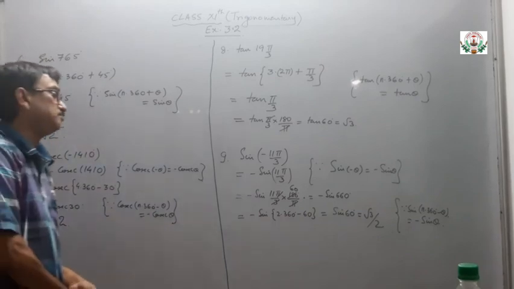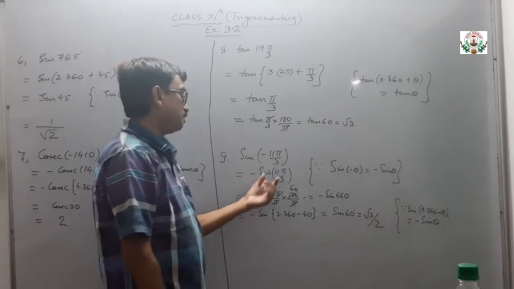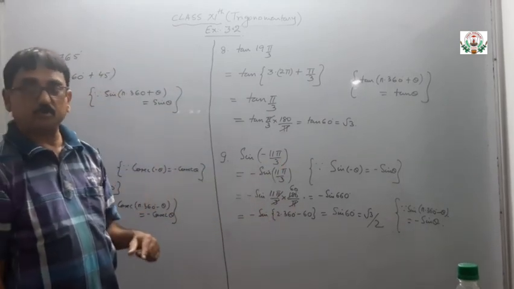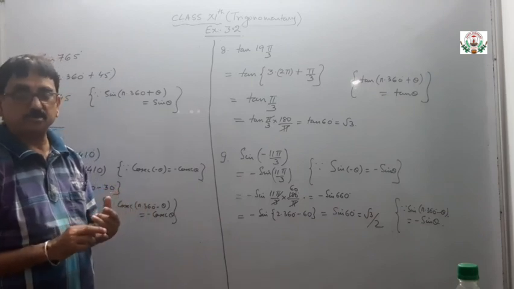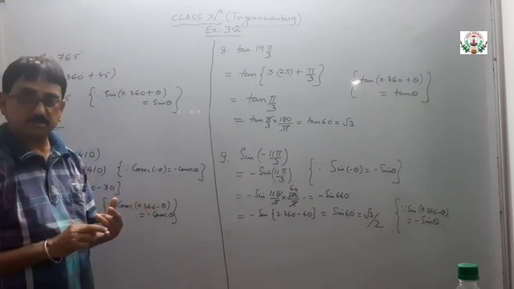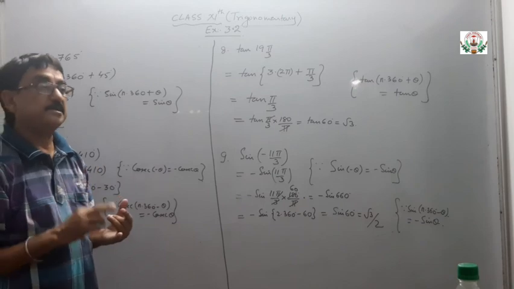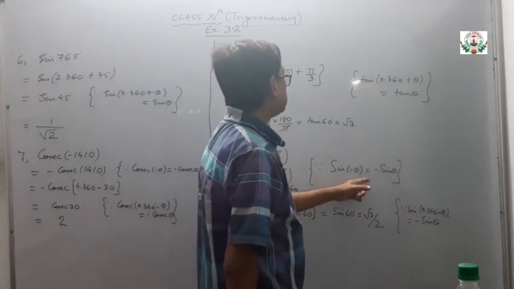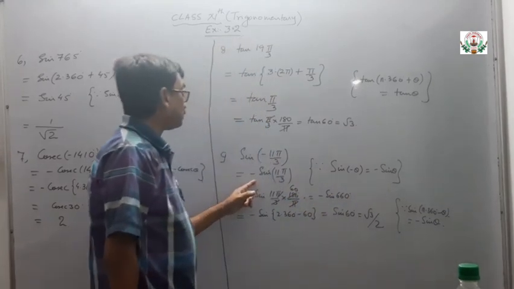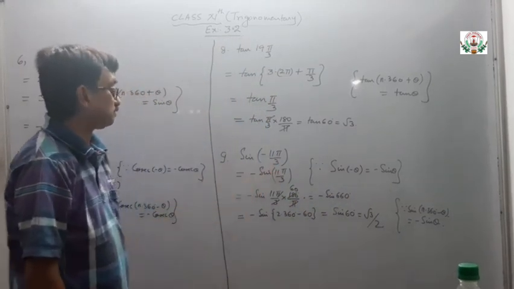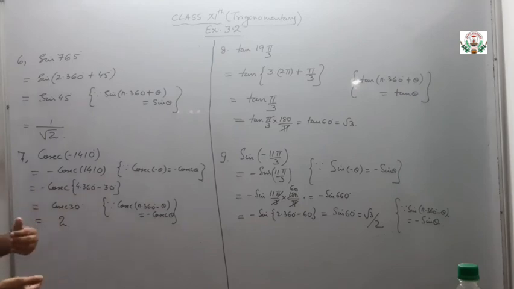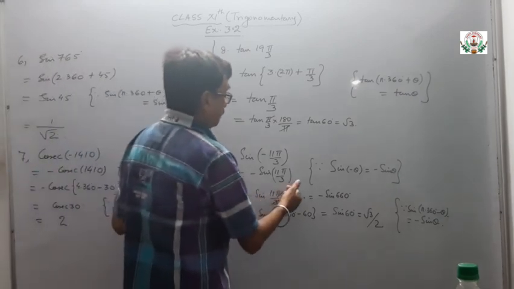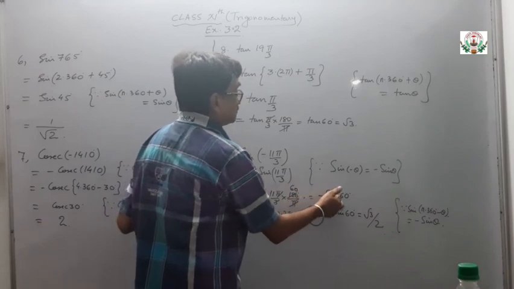Next question is sine minus of 11 pi by 3. As here it is a negative angle, and a negative angle always lies in the fourth quadrant. All students take coffee, so here cos and sec are positive in the fourth quadrant, and sine will be negative in the fourth. So sine of minus theta is minus sine theta, so it now becomes minus sine 11 pi by 3. Now here itself I am going to convert this into degree. Multiplying with 180 by pi, I got minus 660 degree.